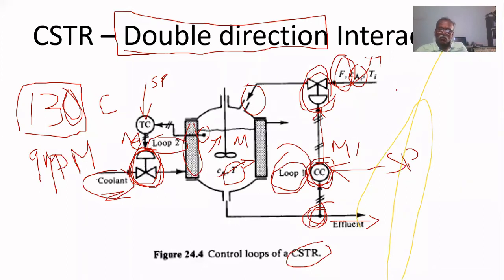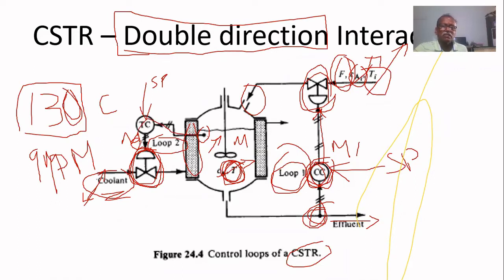That is one-way interaction. Another way of interaction is there is no change in CC. Composition is not changing, but either the inlet temperature or the coolant temperature changes. Because of that, there is a change in temperature inside this CSTR.